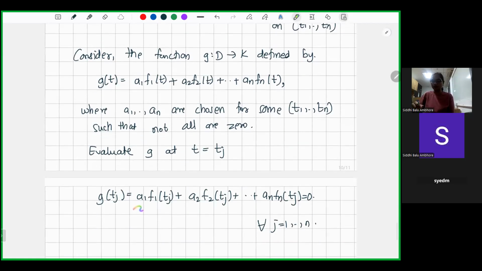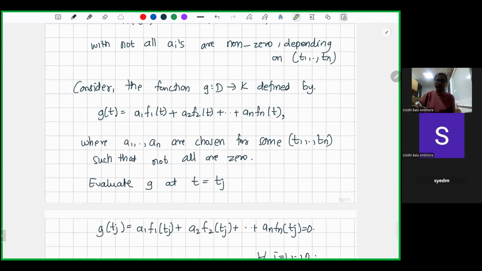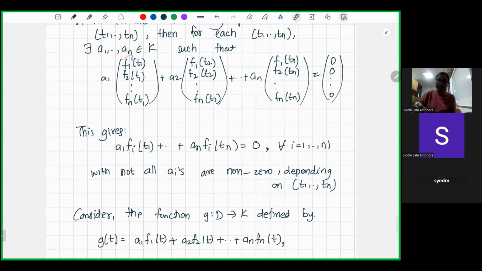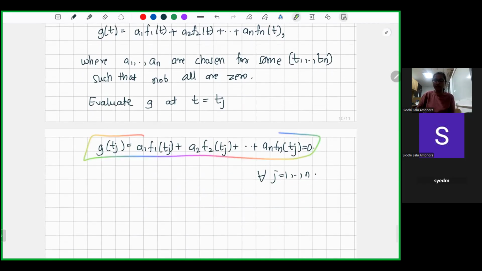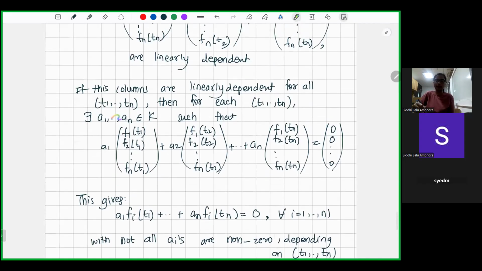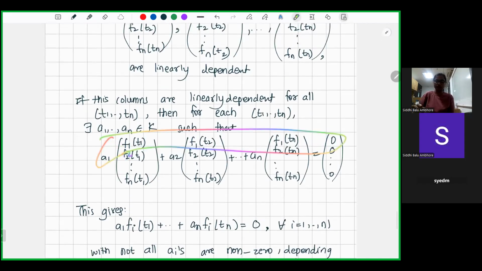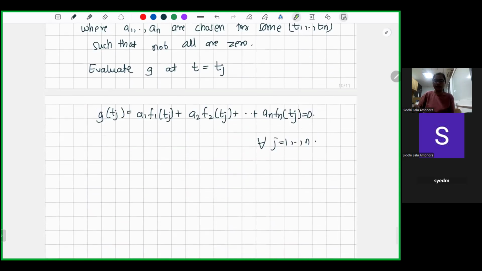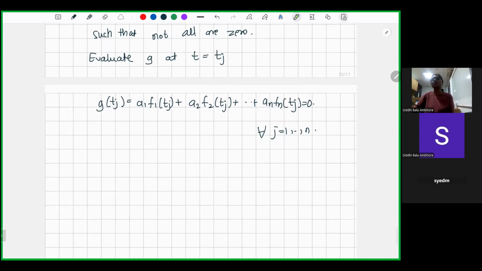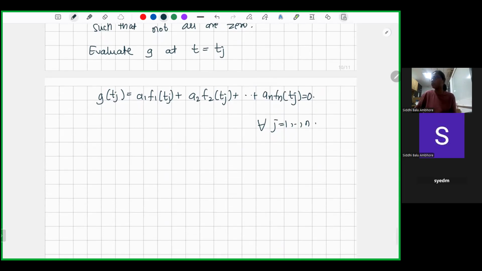So when I evaluate g at these chosen a1 to an, since each column was becoming 0, this function will take value 0 at t1 to tn. I hope you understand this. So g is essentially a linear combination of the rows, and we know it is equal to 0 for the chosen a1 to an.